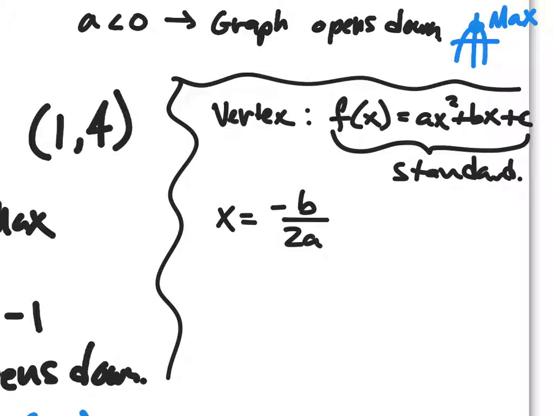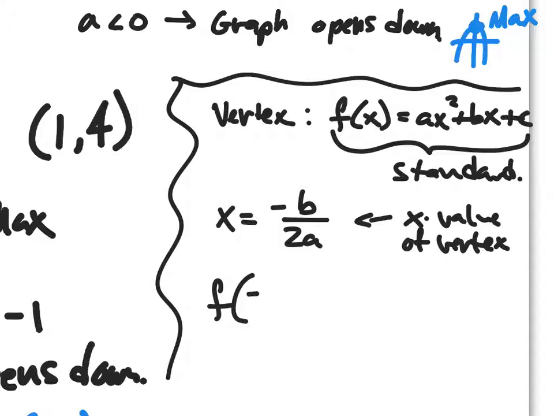So I take these numbers here, if my function's in standard form, I have a, b, and c, okay, and these are just my coefficients, and this is my constant c out here. I take the opposite of my b value, divide it by 2a, and that gives me the x value of my vertex, okay? Now, if I wanted to find the y value of my vertex, I would simply take f of negative b over 2a.